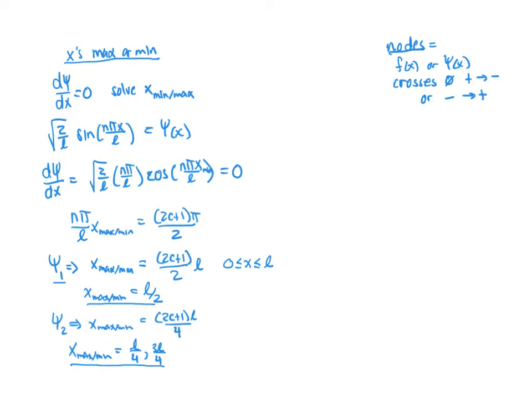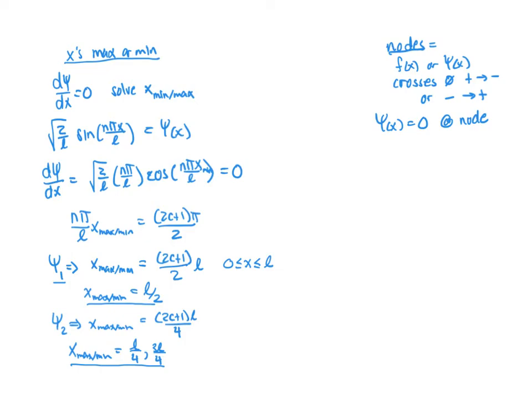Let's see how we can find the nodes of these wave functions. So the nodes are where we go from plus to minus, so it has to be where we cross 0, right? So our wave function itself has to be equal to 0 at a node.